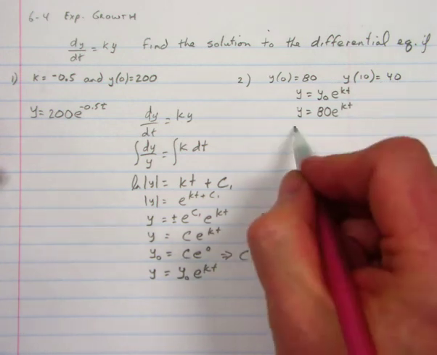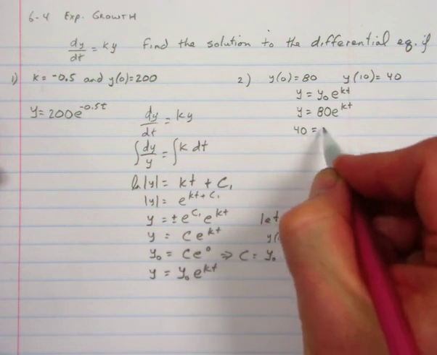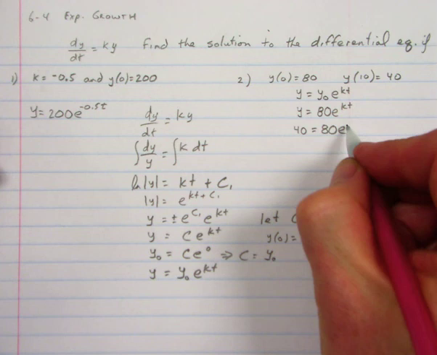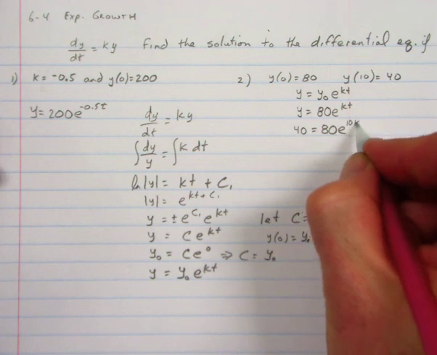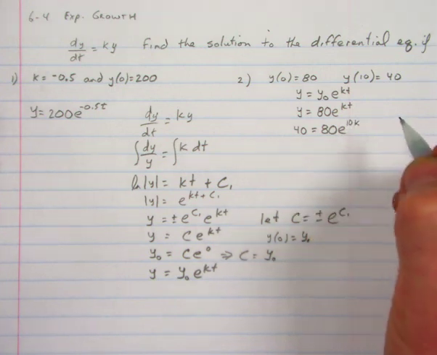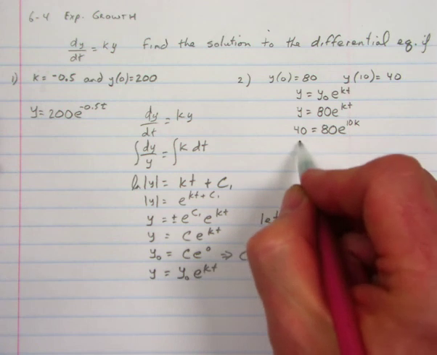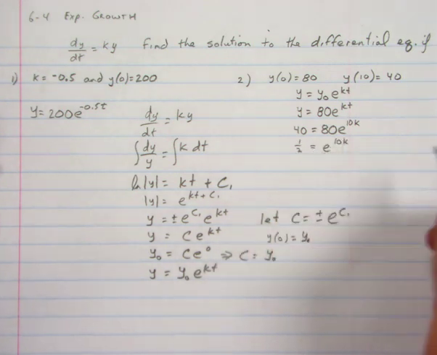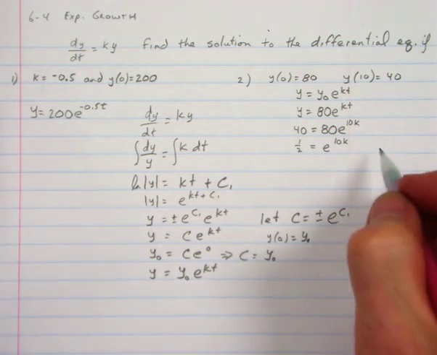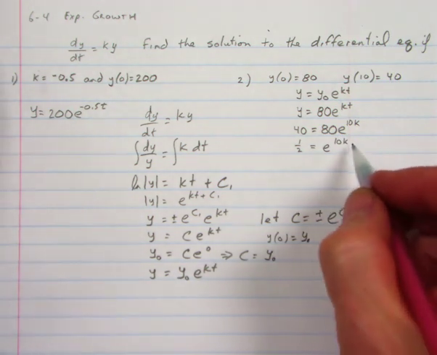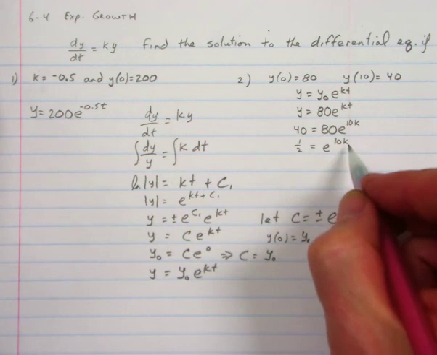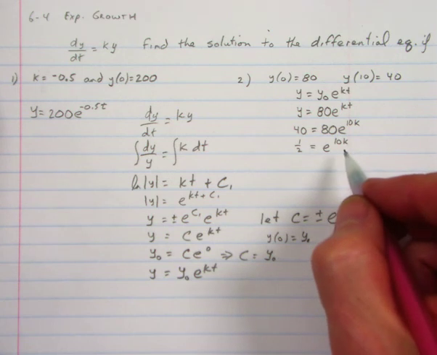We can plug in 40 equals 80 times e to the 10k. We could divide by the 80 and we get 1/2 equals e to the 10k. Now there are many ways you can go about it. What most people do is they'll take the ln of both sides and then divide by 10.